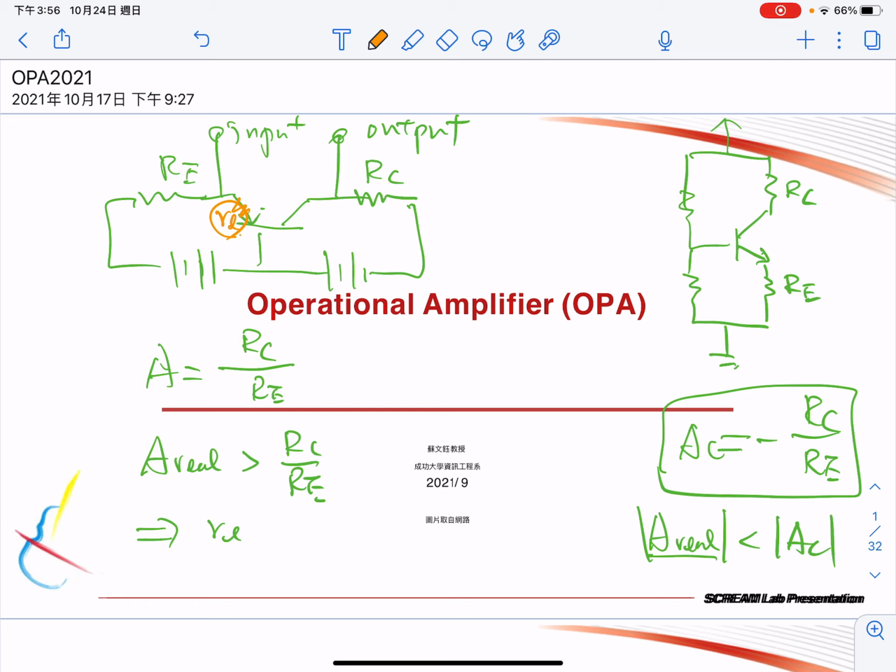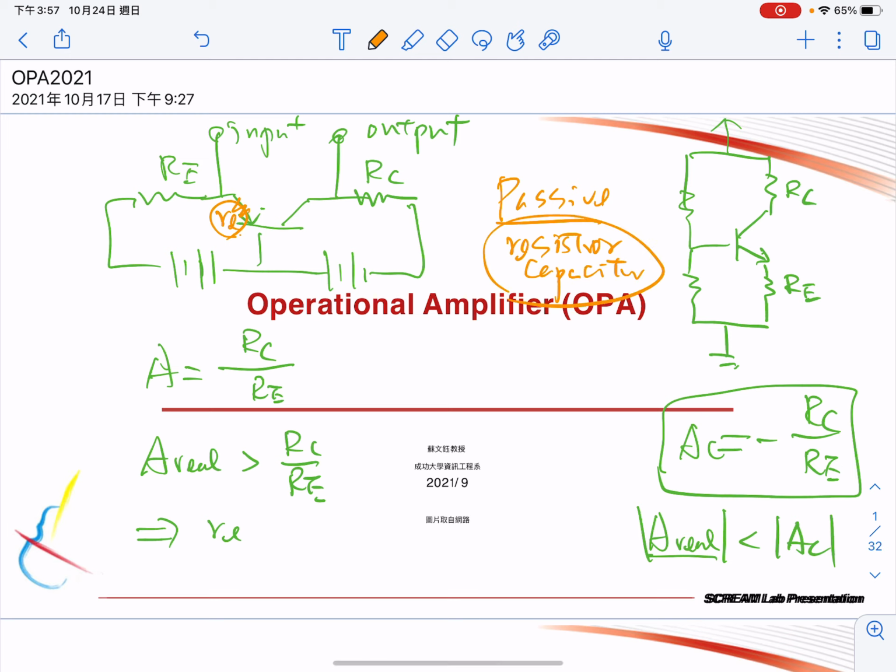When we say active device, we mean something that can amplify. The transistor can amplify, and of course the operational amplifier can amplify the signal. These are called active devices. A passive device is something like a resistor or capacitor.